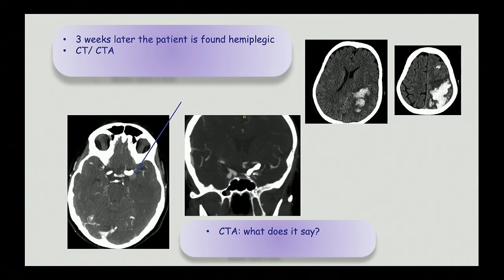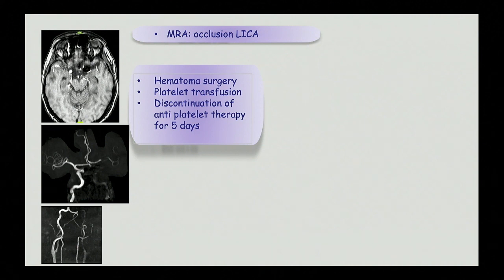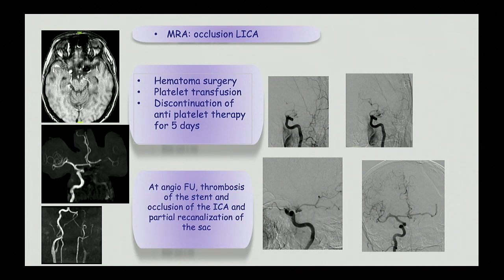And yes, the patient was operated on for the hematoma, but antiplatelet therapy was stopped, and you see occlusion of the internal carotid artery. Anyway, I think there was a reduced flow inside the left internal carotid artery, and it was a cause of the bleeding. This is the angio, so it's better to perform the angio to try to understand what is going on.